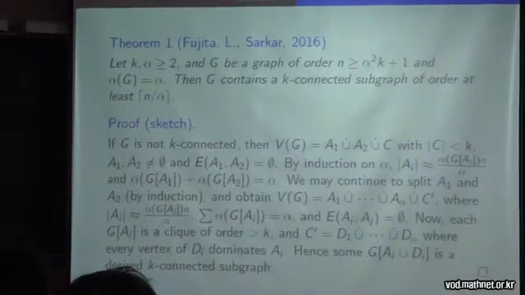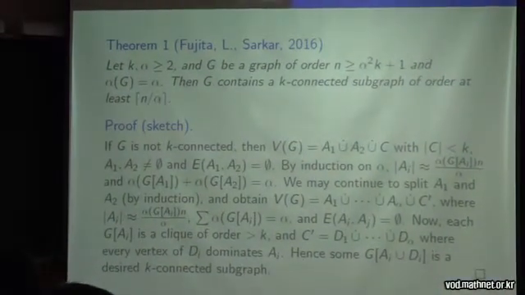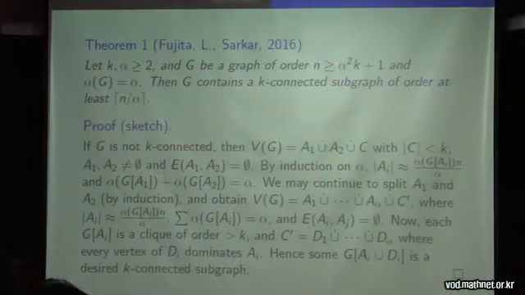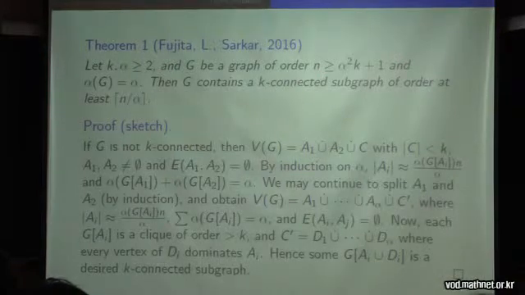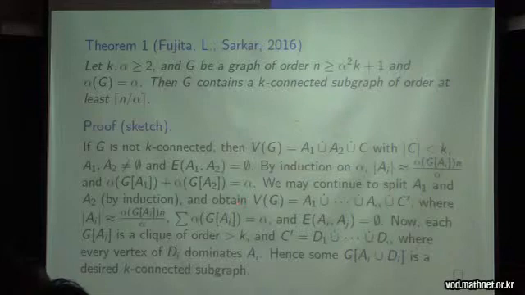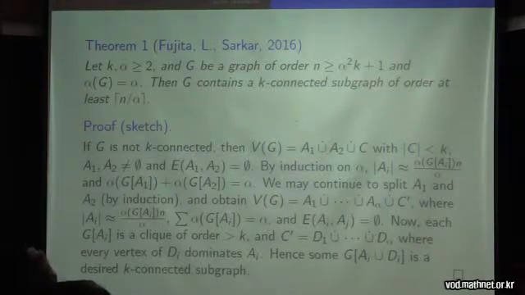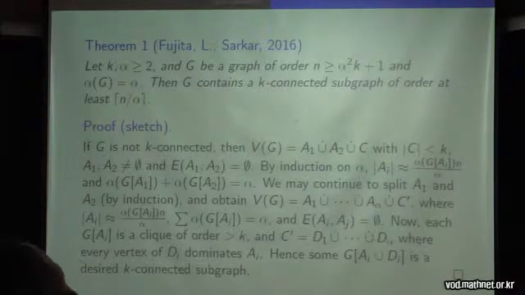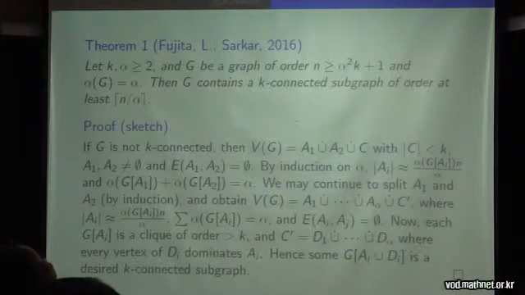So this we can show somewhere along the way. This is needed, like for an induction argument, and this is also used to prove this here. So each clique has more than k vertices, and now notice that for any vertex in C prime, the vertex has to dominate one of the cliques.